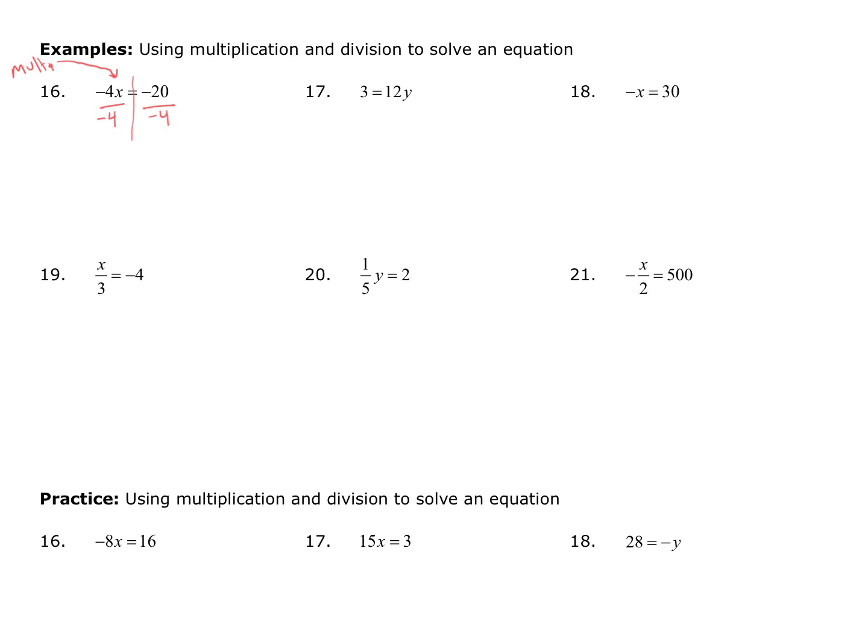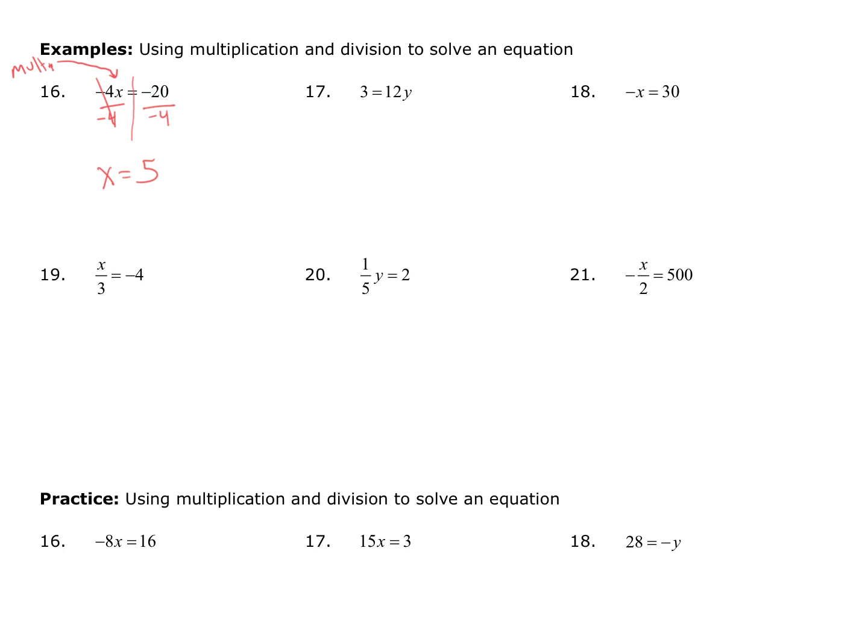I only want to undo the negative 4. So now I'm left with x equals, and if you do negative 20 divided by negative 4 on your calculator, you get 5. And think about that mathematically: if I plug in the 5, negative 4 times 5 is negative 20.